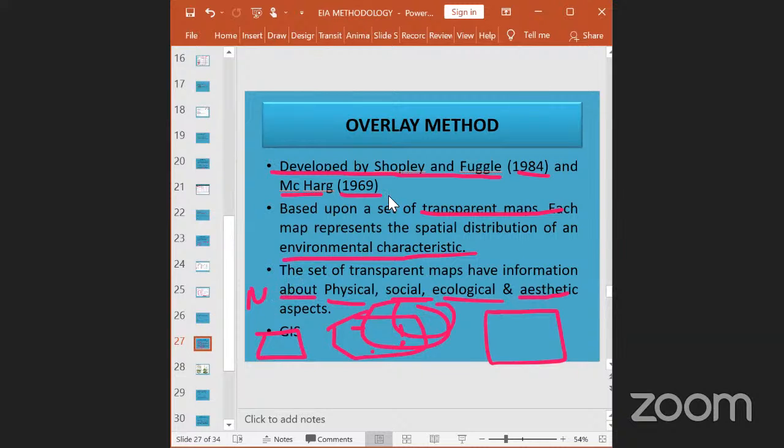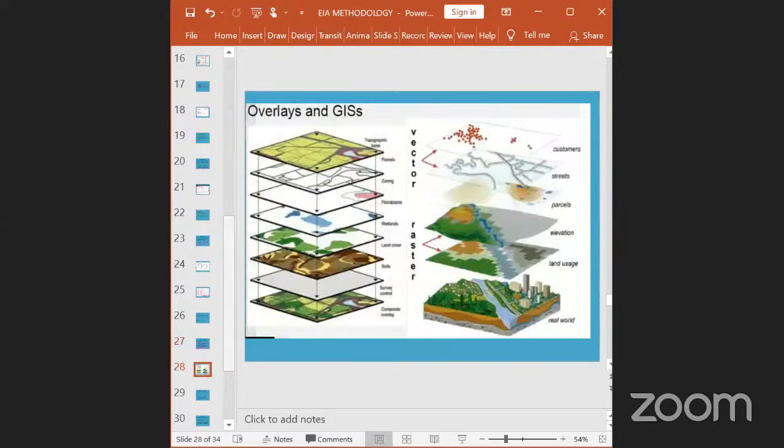These methods are widely used for assessing visually the changes in the landscape before and after the activity. They can also be used for preparing combined mapping with an analysis of sensitive areas or ecological carrying capacities.